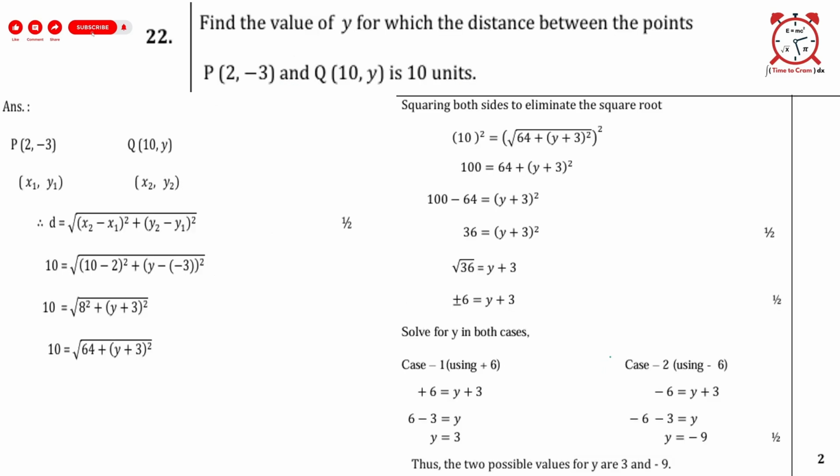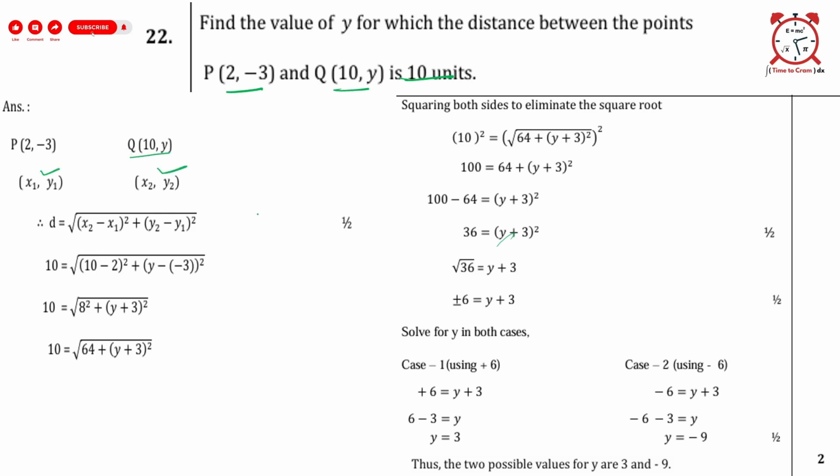Okay, next question, question number 22. Find the value of y for which the distance between the points P(2, -3) and Q(10, y) is 10 units. So we will write x1, y1 for P(2, -3) and x2, y2 for Q(10, y).